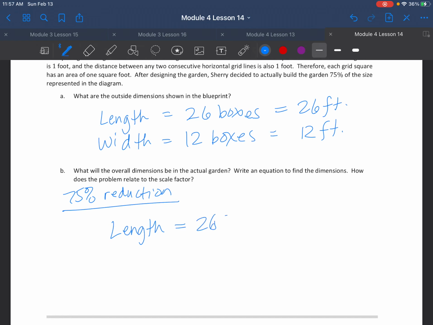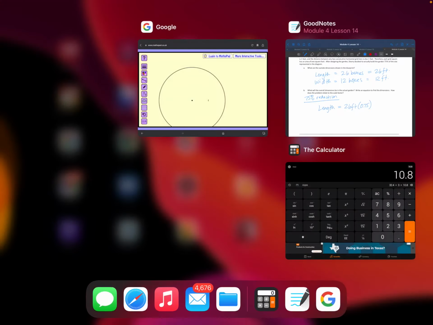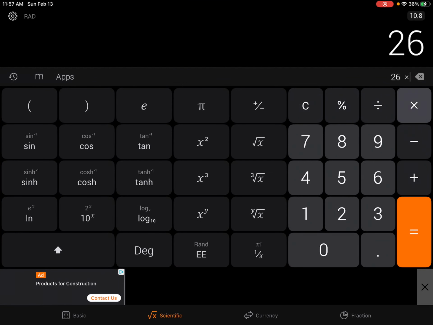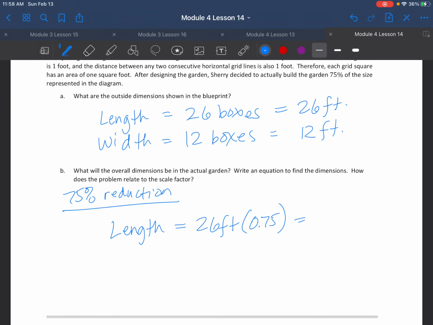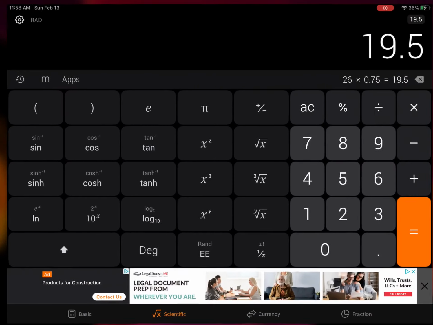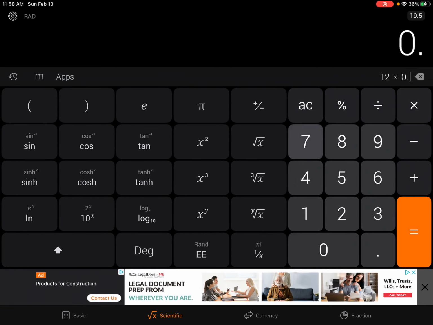Okay, so for this one, we're looking at a 75% reduction. This is what we want to look at, okay? So if the length is equal to 26 feet, we're going to multiply that by 0.75. That's 19.5 feet.